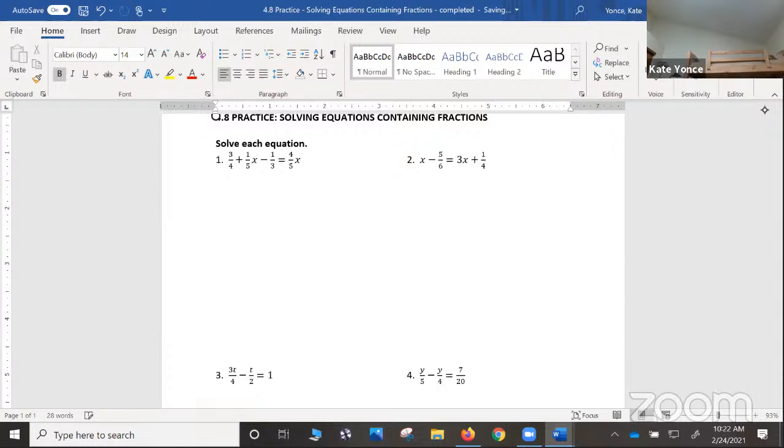So what I got for the rewritten equation was 45 plus 12x minus 20 equals 48x. What did you get? You got the same thing?